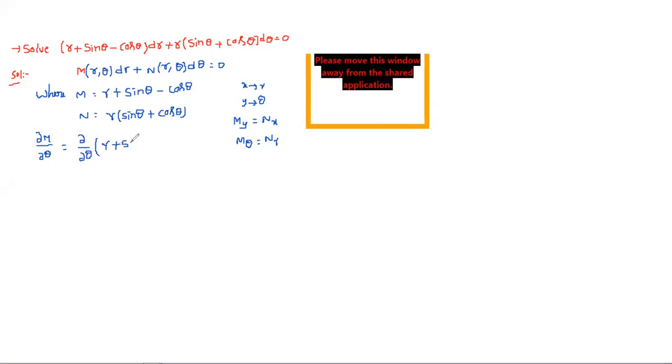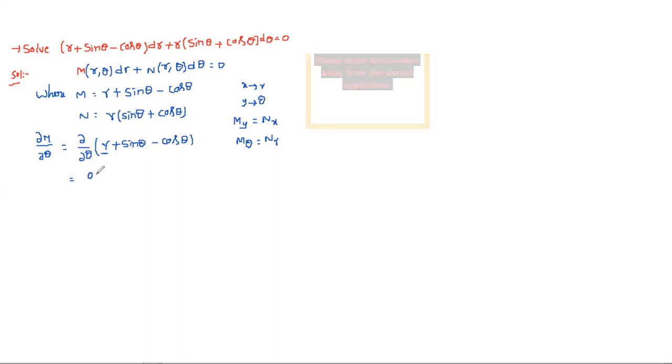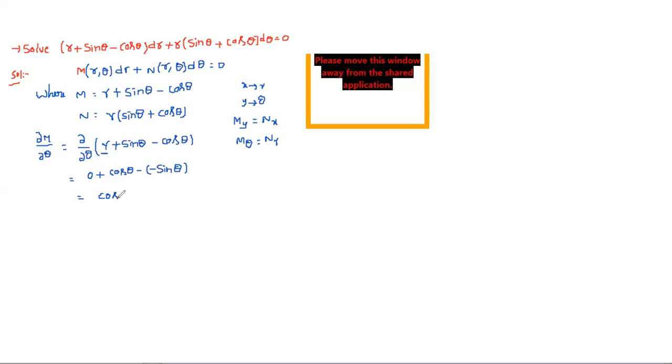So dou by dou theta of (r plus sine theta minus cos theta): the derivative of r is 0, the derivative of sine theta is cos theta, and the derivative of minus cos theta is plus sine theta. So finally dou M by dou theta is nothing but cos theta plus sine theta.